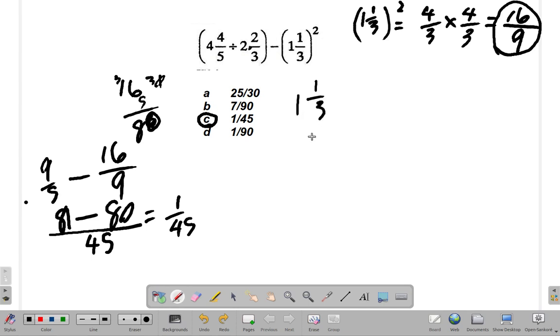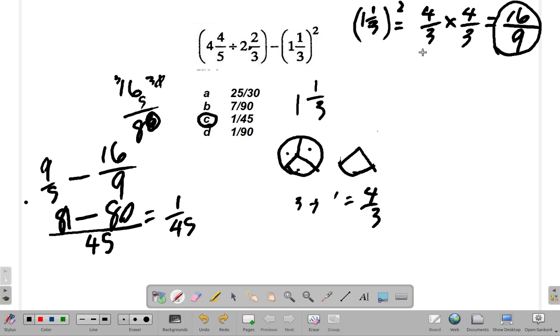What it means is you have 1 whole plus 1/3. How many thirds do you have in this 1 whole? You have 1, 2, 3 thirds. So that's 3 thirds plus 1/3, which gives you 4 thirds. You notice what this is? 1 and 1/3 turned into an improper fraction is 4 thirds.